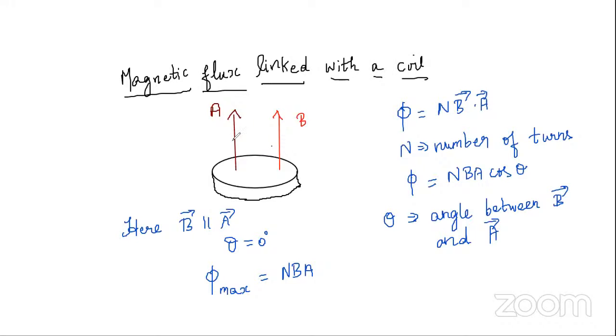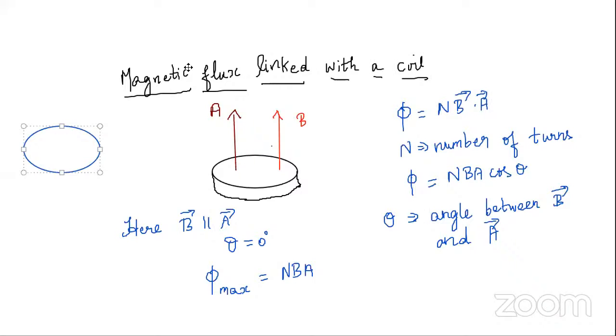So the next case is the same diagram you can consider, but the magnetic field is actually perpendicular to the area vector. So like that you can consider now. So let me draw that diagram here. You have that coil like this.